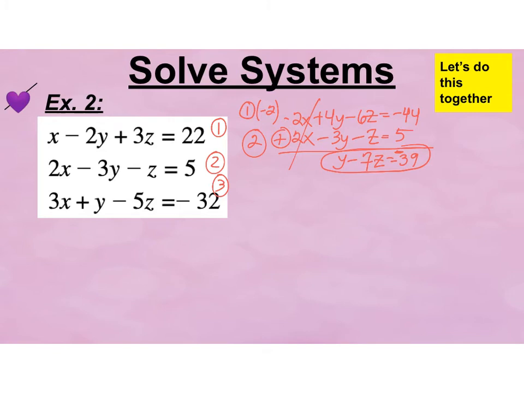Now I'm going to pick 2 different equations. I'm going to go with 1 and 3, and really important is you still have to eliminate the same variable. So I have to continue to eliminate x. So I'm going to do equation 1, and I'm going to multiply it by a -3 all the way through.